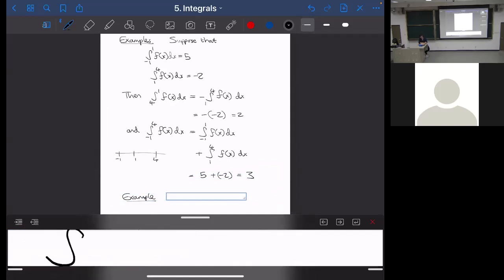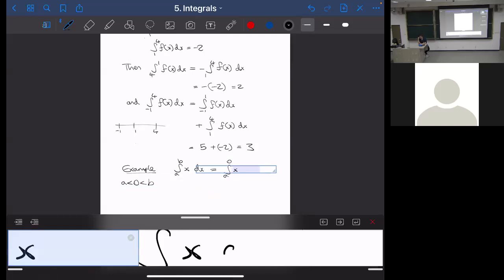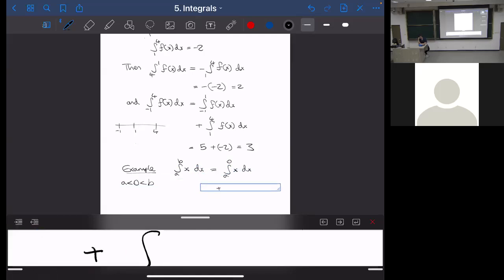If I have the integral from a to b of x dx, what does this equal? If I assume that a and b are on opposite sides of 0, well, by that rule I just used, I can split this into two integrals like this.